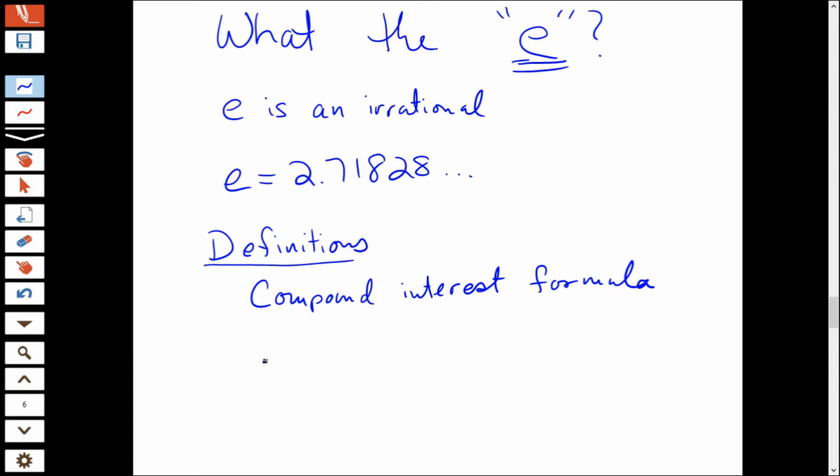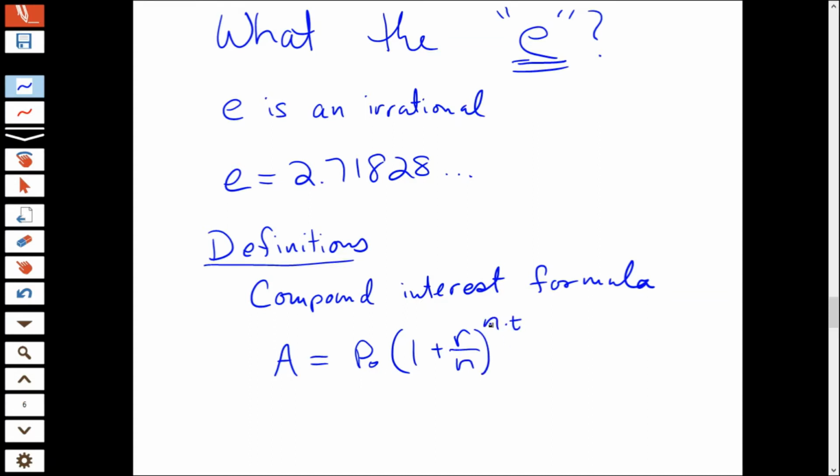That is, compound interest, right? The amount after time t is going to be equal to your starting amount times 1 plus your interest rate r over n, raised to the n times t power.